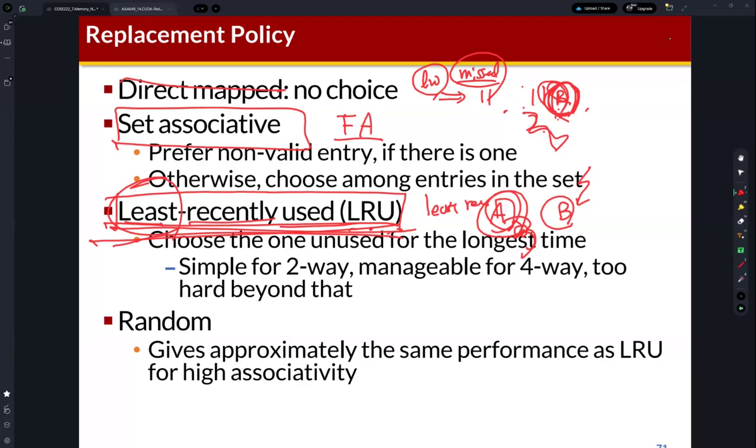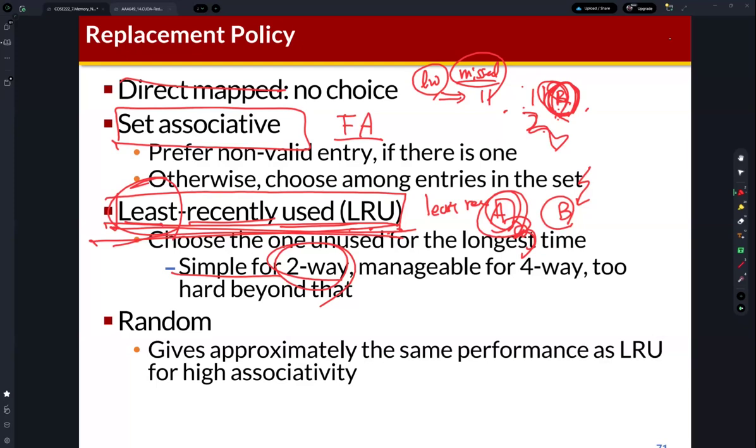But the problem is that it's not easy to implement the true LRU policy. Usually Intel or AMD implements a pseudo LRU, not true LRU, okay? LRU is simple for two-way, but if we increase the set associativity of the cache, then it is difficult to implement the LRU policy.